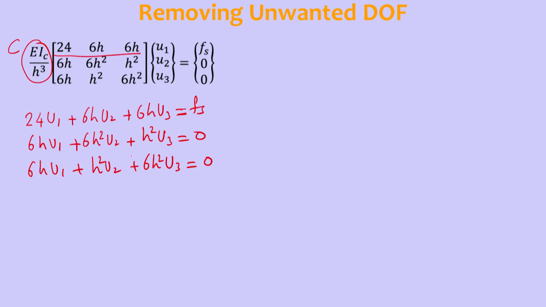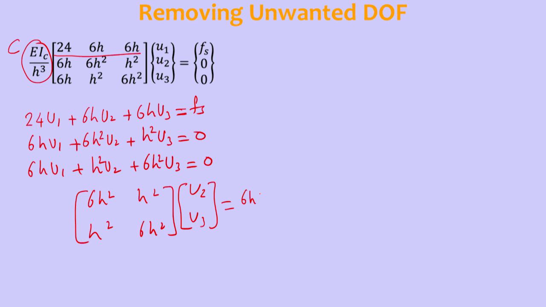So, what we can do is formulate a matrix like this, say 6H square, H square and 6H square multiplied by U2 and U3 is equal to 6H U1.